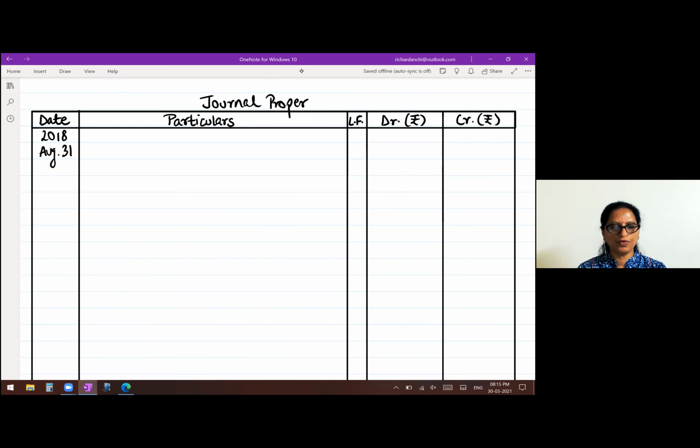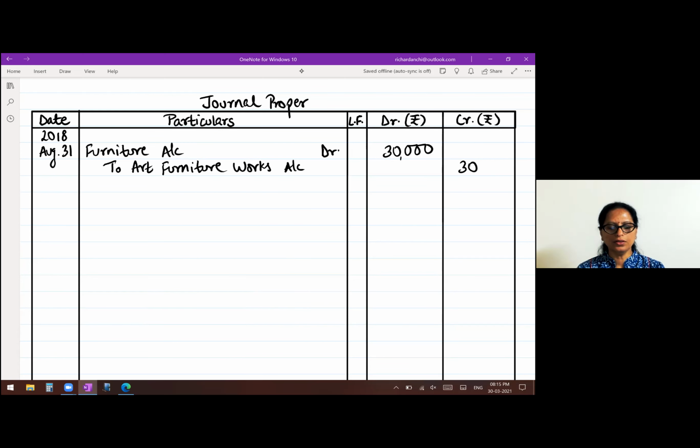So purchasing furniture, furniture account debit, what comes in real account, furniture account debit 30,000 to Art Furniture Works account 30,000. Narration: being furniture purchased on credit.